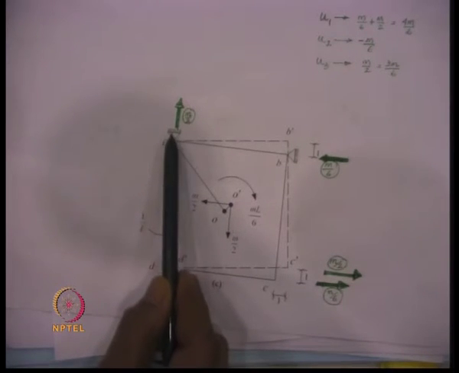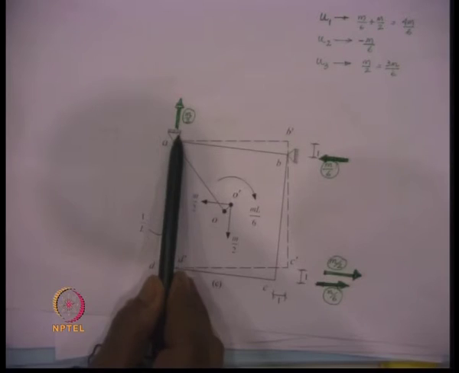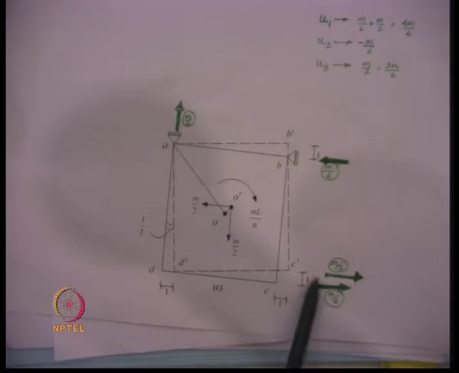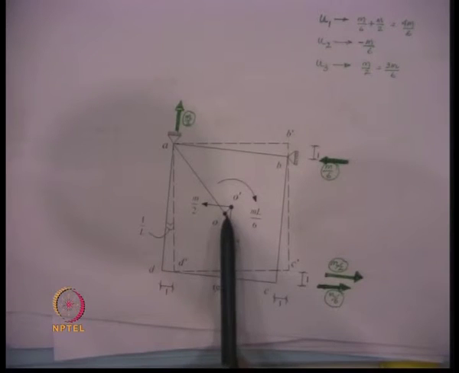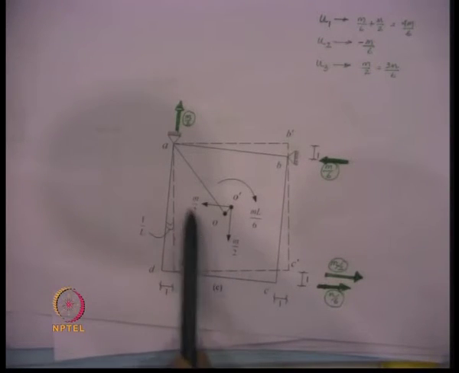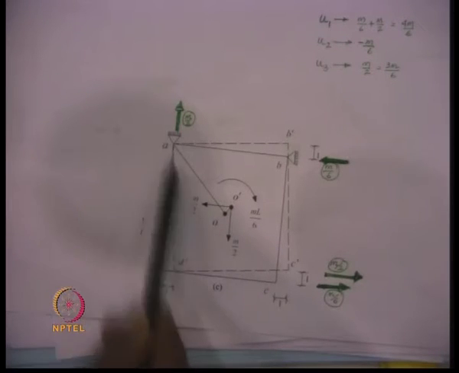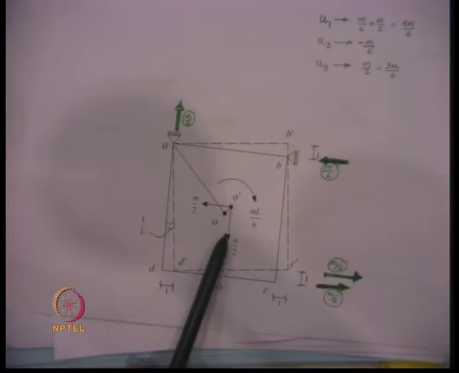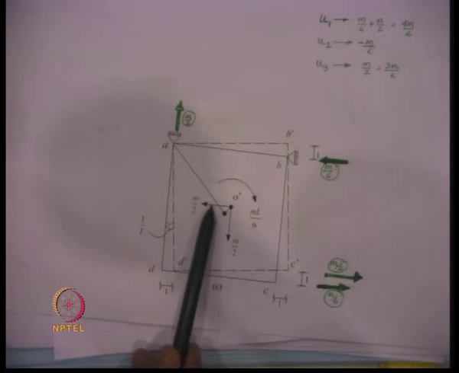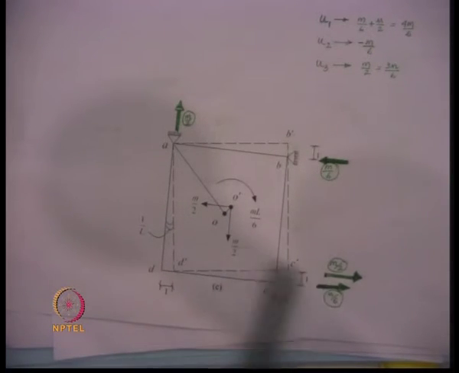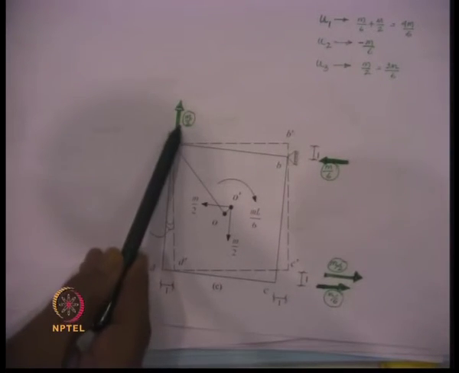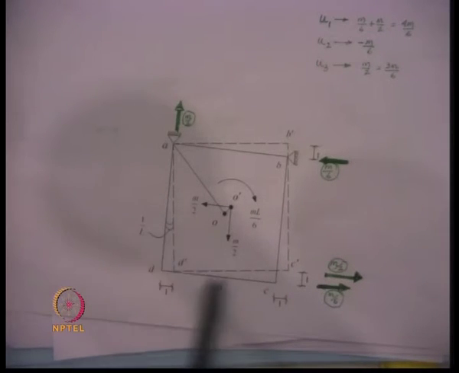Then these two forces are now generated. Now, these two forces equilibrate the inertia forces, that means these two forces make a couple, and this couple is opposed by this and this force as a couple. So, therefore, m by 2 force is generated over here, m by 2 force generated over here, so that the entire system is in moment equilibrium.